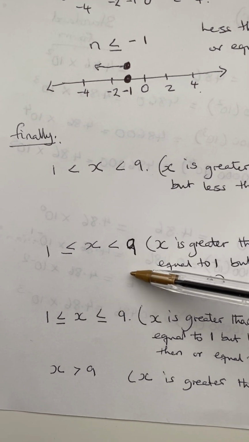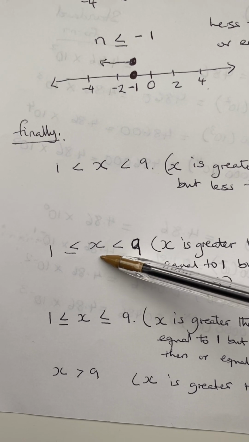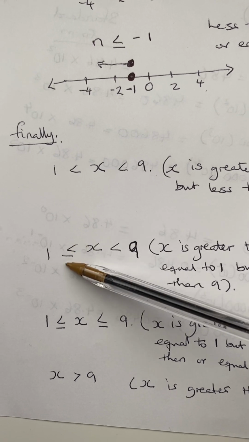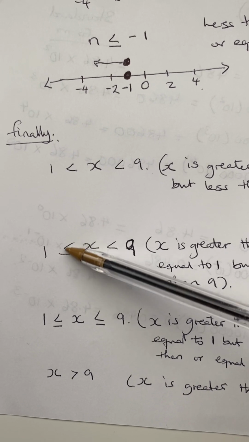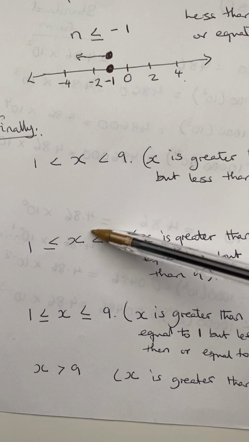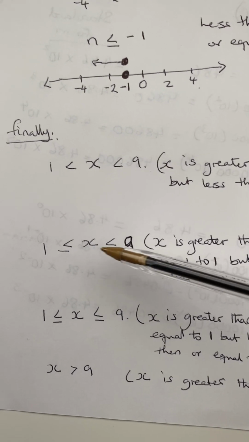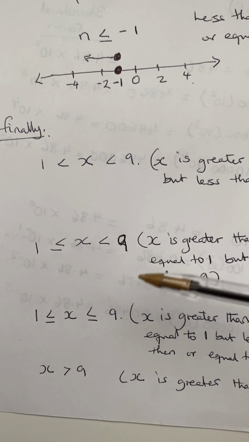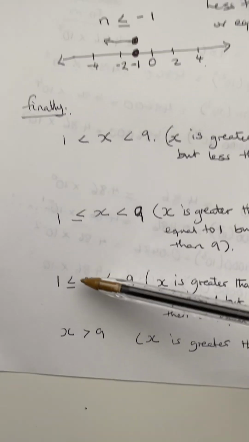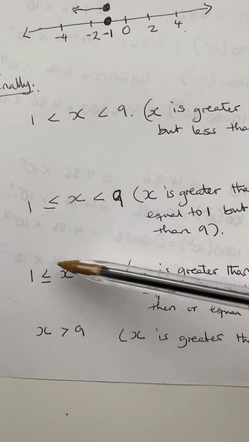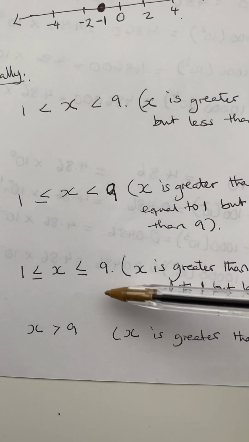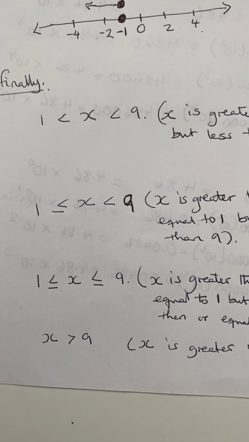So for instance, this one, x is greater than 1, this will be a closed circle, and that will be less than, which will be an open circle, if you have to represent both on a number line. Here both will be closed circles, okay, if you have to represent them on a number line.